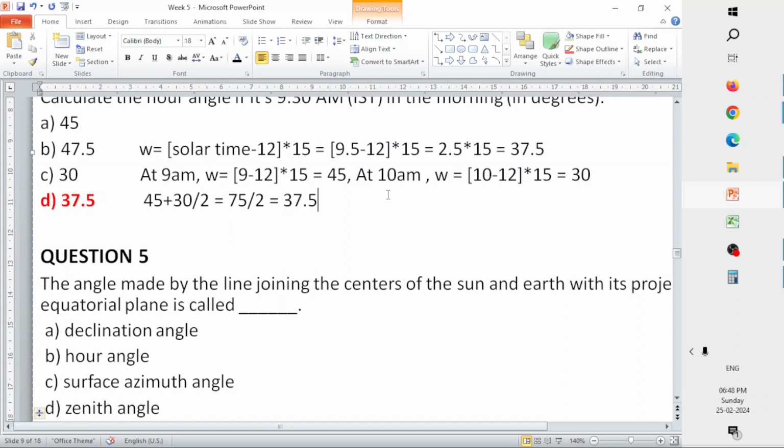This is something we discussed in the very beginning, in the week 1 live interaction session, when we discussed the solar angles. We also mentioned the definition of each and every solar angle. You should be able to recollect this, because it is important to have an idea of what particular angle you are talking about.